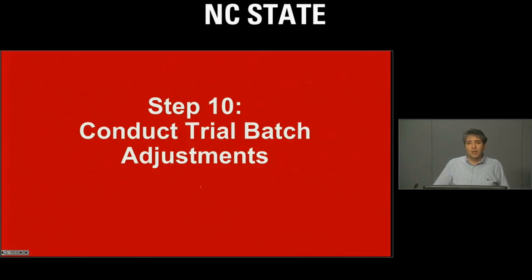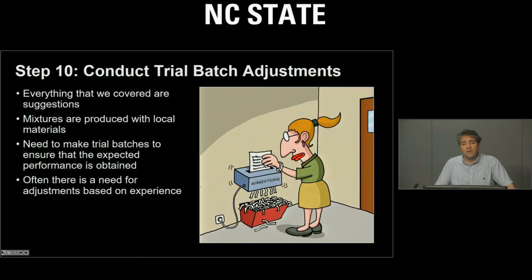Of course, in this presentation, I will not be able to mix concrete for you and do adjustments. But the essence of this step is that all of these steps are suggestions. Everything that we covered is suggested practice for mixture proportioning. When we are making concrete, we are making this material with locally available materials, and these are different from place to place.